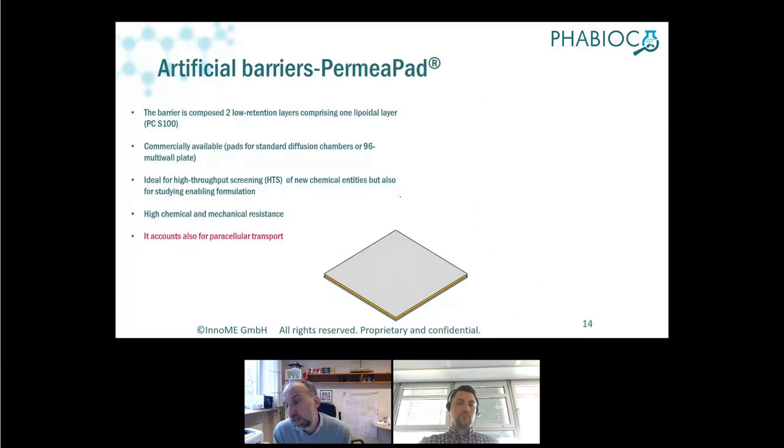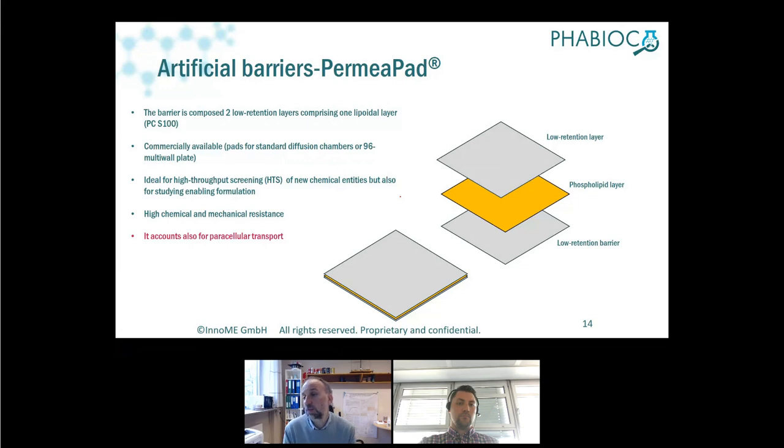Another type of barrier that has been introduced lately, back in 2013, is the PermeaPad. The PermeaPad is basically a barrier composed as a sort of sandwich of two low-retention layers and a lipid layer in the middle.